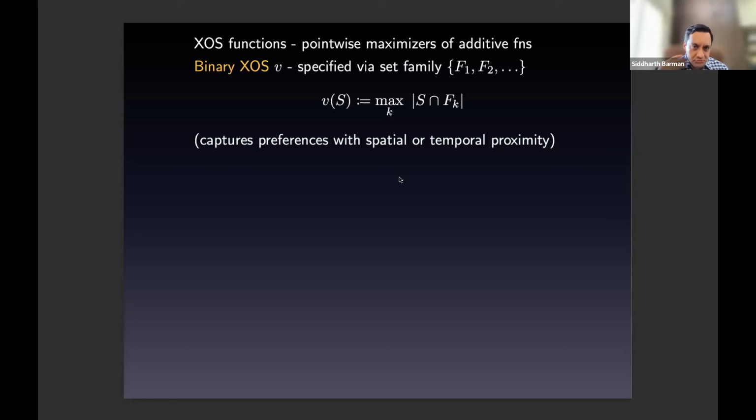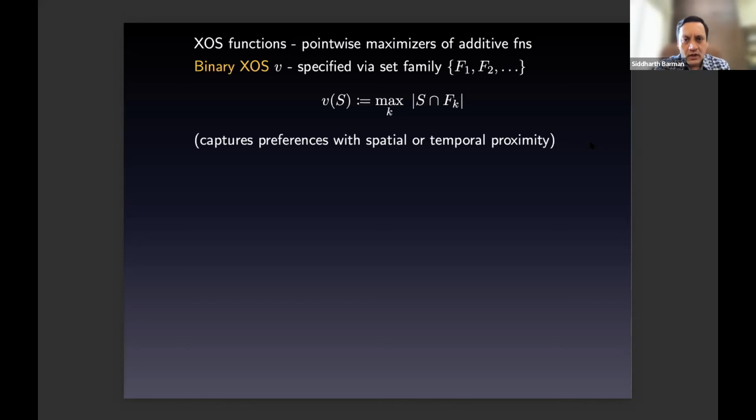So that's the definition of what it means to be binary XOS. If, instead of looking at the intersection size, you replace this by some additive function, you get the general XOS. For the purposes of this specific result, I am looking at valuation functions that have this form. They do include interesting special cases.